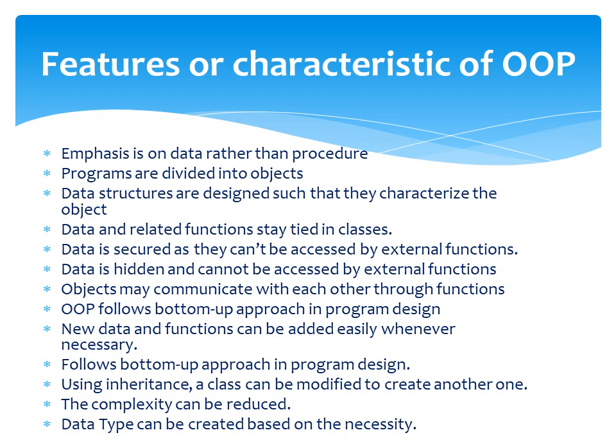Next, data types can be created based on the necessity. That is, in object-oriented programming, classes are user-defined data types, and this data type can be created as and when needed and can be changed based on the programmer's requirement.